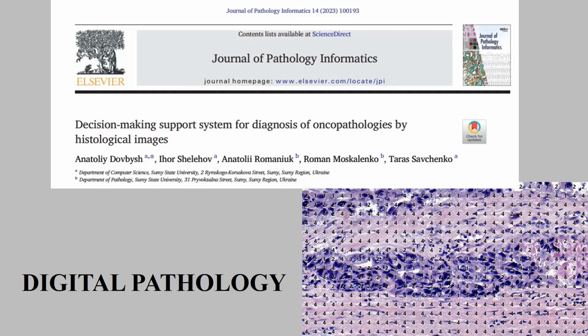This journal is of Indian origin, but last year this journal was acquired by Elsevier and made the official journal in the branch of digital pathology.